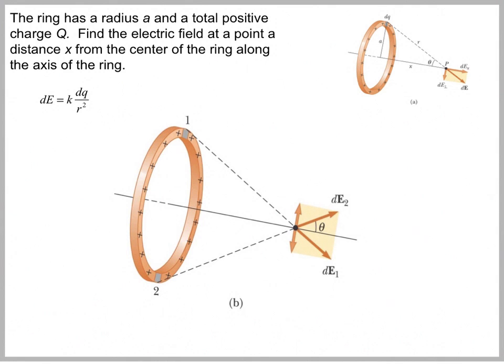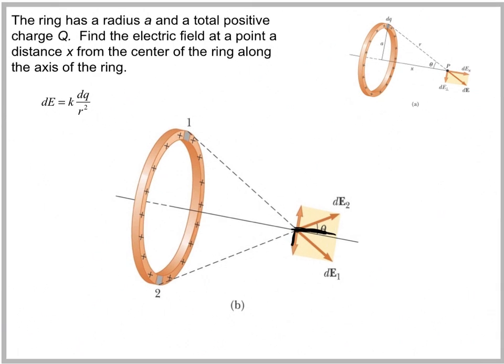Each of these electric fields I can break up into a part that's along the axis and a part that's perpendicular to the axis. So this would be dE1's component along the axis and perpendicular.